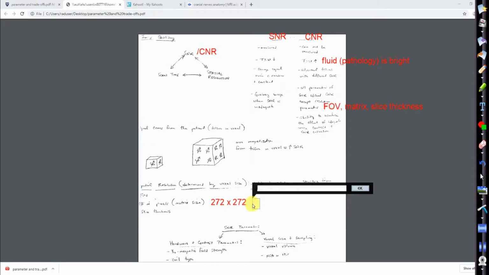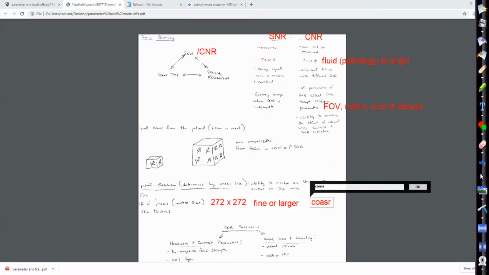And remember, with matrix size, you can have a fine matrix. Sometimes they'll call that a larger matrix. And then you can also have a coarse matrix or a small matrix.